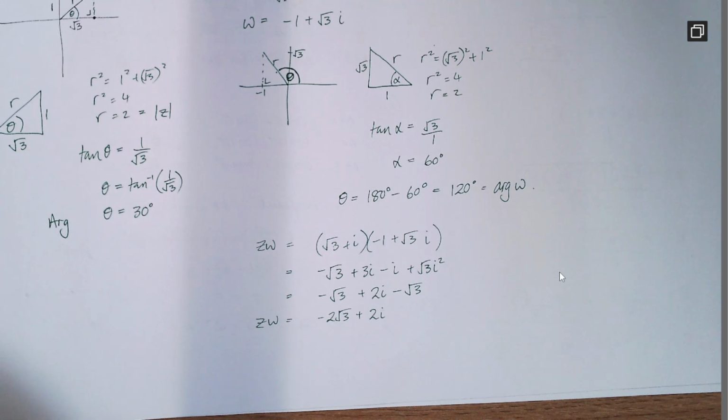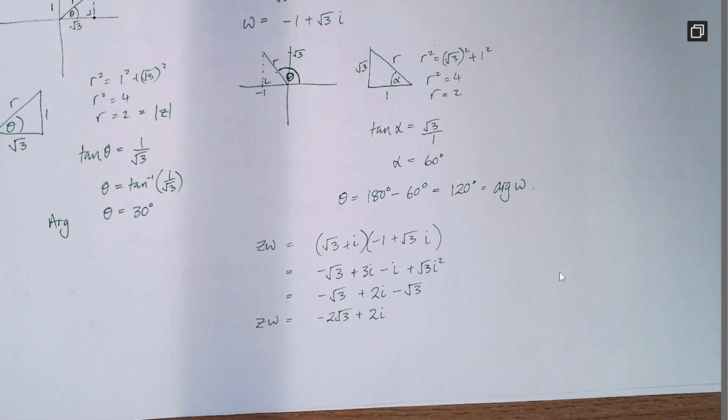Now plus 2i, so the 2i is on the imaginary axis. Minus 2 square root of 3 is roughly minus 3.5. So roughly minus 3.5 plus 2i, so we can plot it.